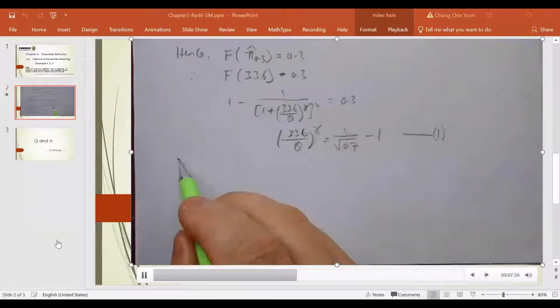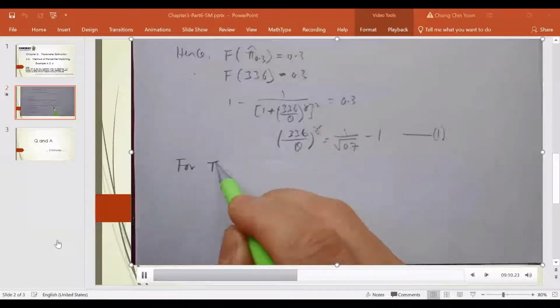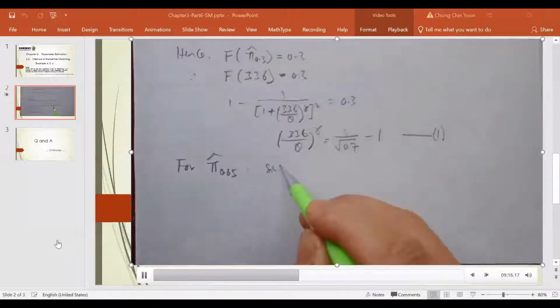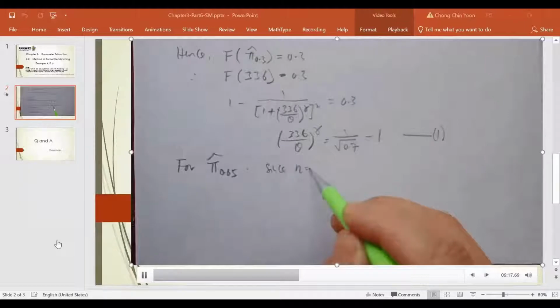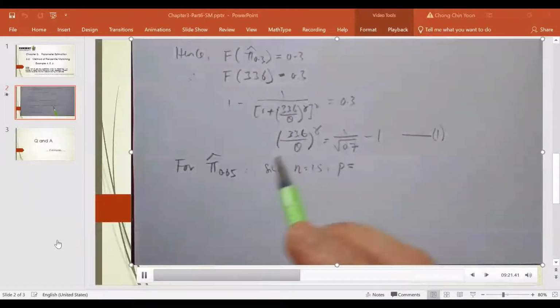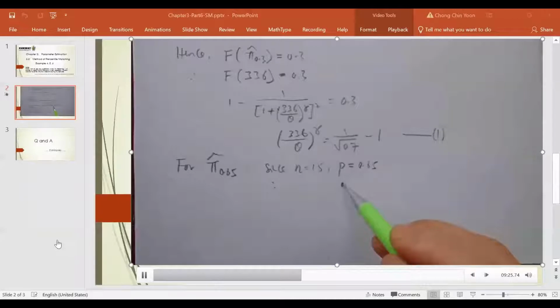Now, let's look at the estimate of this 65th percentile. Since the sample size is 15 and the probability is 0.65, this 0.65 multiplied by n plus 1 is 10.4, which is bounded from m to m plus 1.